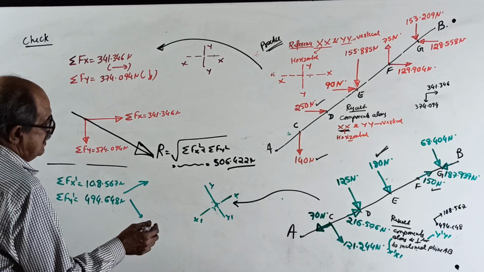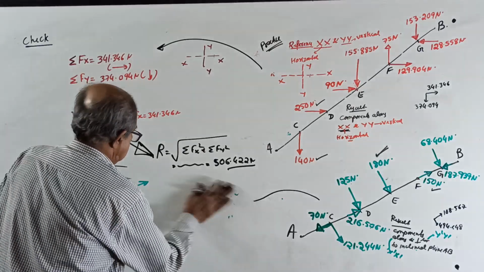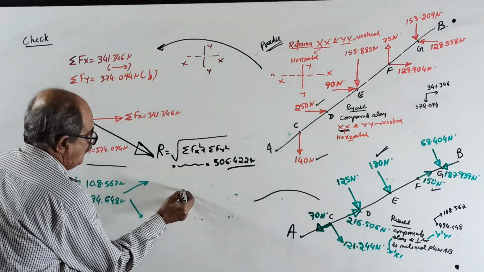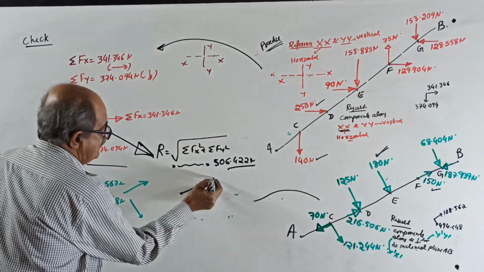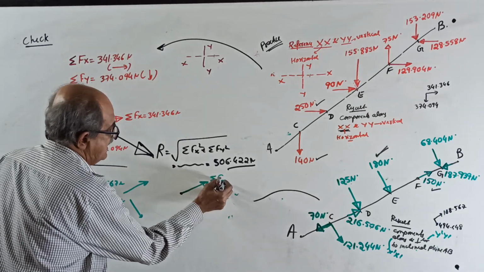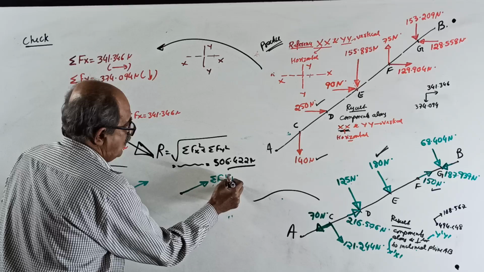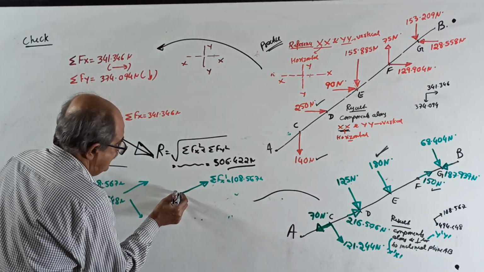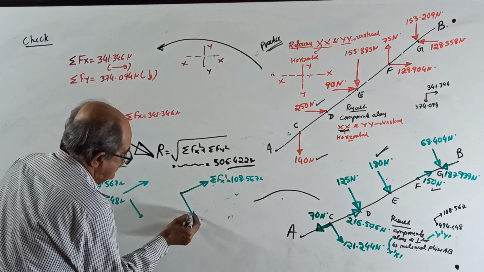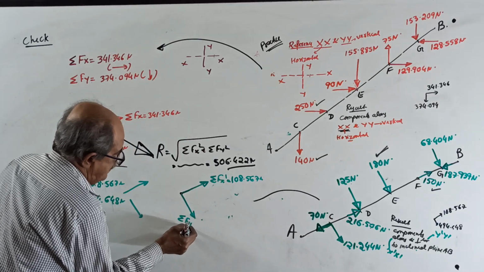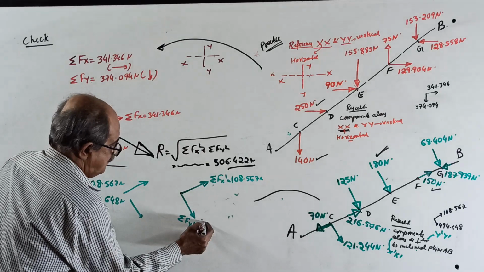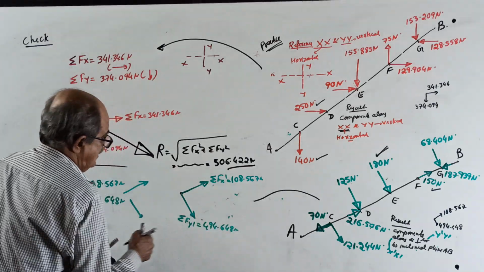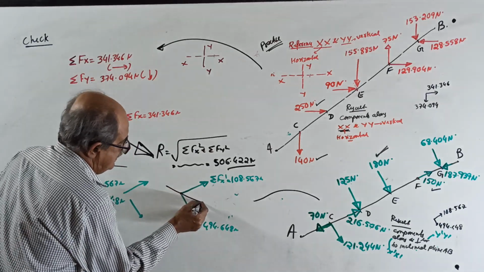Therefore, if you mark a point here, one force like this, one force this way: sigma Fx dash equal to 108.567 Newton. The other is perpendicular to it, sigma Fy dash equal to 494.648 Newton. The resultant will come this way.